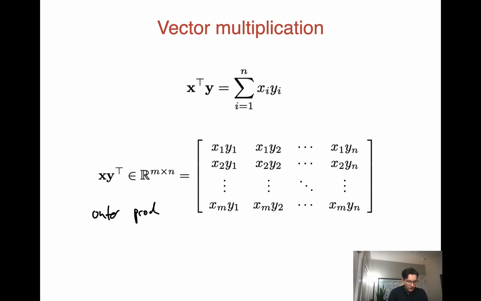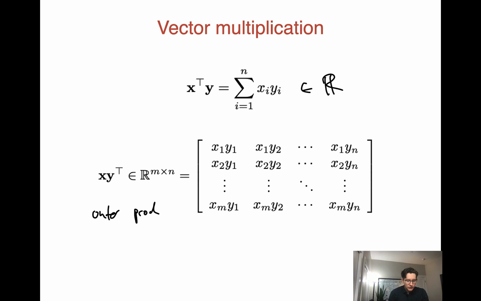This, by the way, an inner product, notice that this is a sum here of products of scalars. So this thing is a scalar. That is, it's in R with no exponent. This thing here is a matrix of dimension m times n, which are the dimensions of x and y respectively.